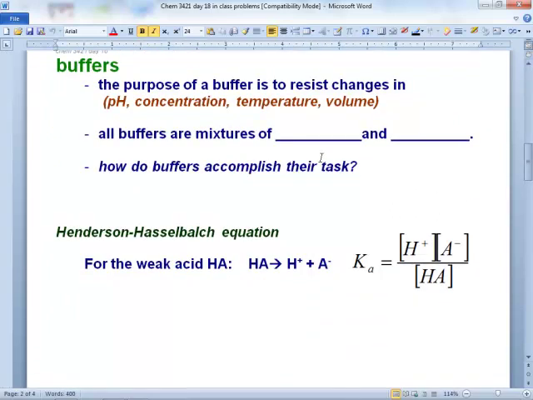But the purpose of a buffer. Don't have too many of these, so Pablo, the purpose of a buffer is what? Ooh, changes in pH. Okay. All buffers, Erica, all buffers are mixtures of what?